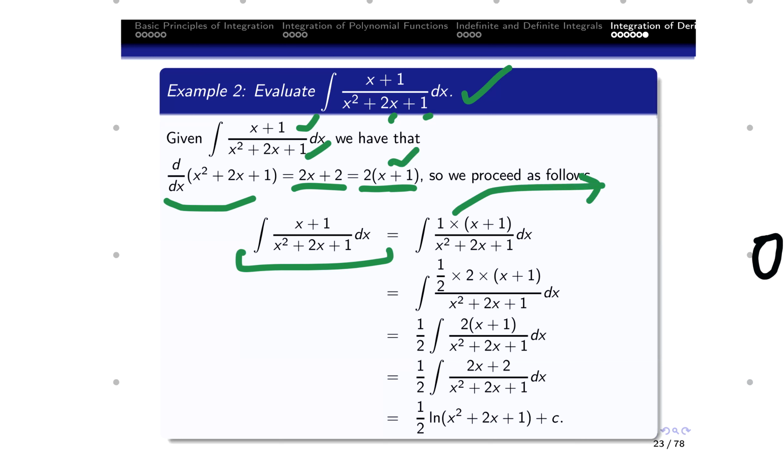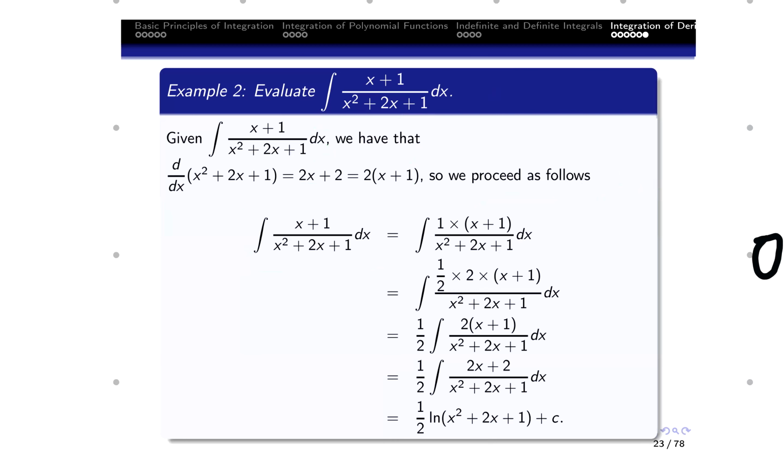We have 2 here, so it helps us to know that 1 is half times 2. So I just come and put half times 2. Nothing has changed. The next thing is I can bring the half out. So we have half outside, and it looks like we have got our deal. So you have half integral of 2 into x plus 1 over x squared plus 2x plus 1 dx.